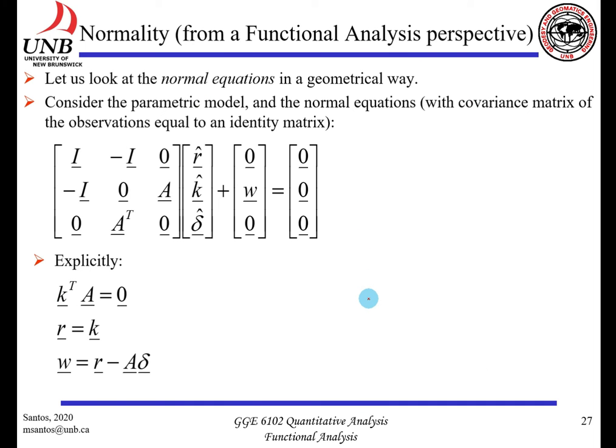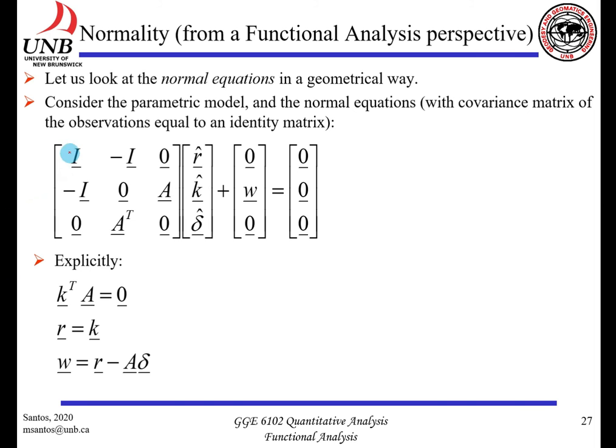Now, finalize. Let's make sure that we understand the meaning of normal in the normal equations. Here we have the normal equations for the parametric model.